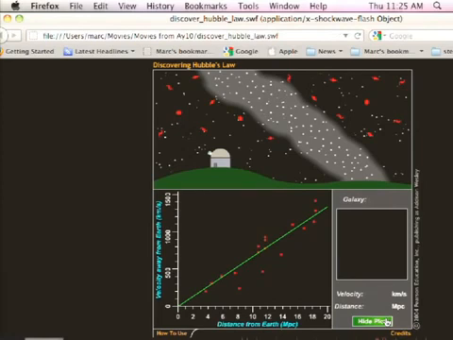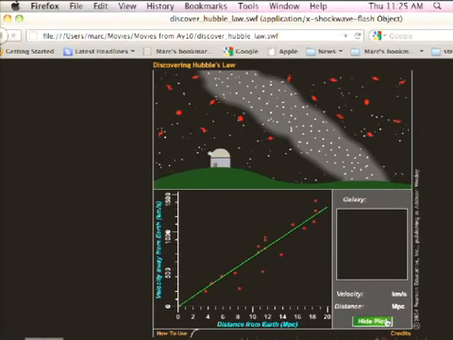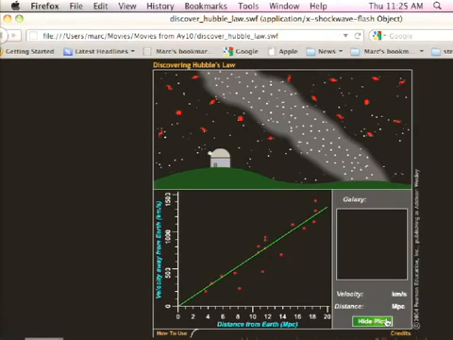Should be static. But Hubble said, no, it's not static. The universe is definitely expanding. That means that in the past, these objects were close to us. In the future, they're going to be far away from us. The universe is definitely expanding.